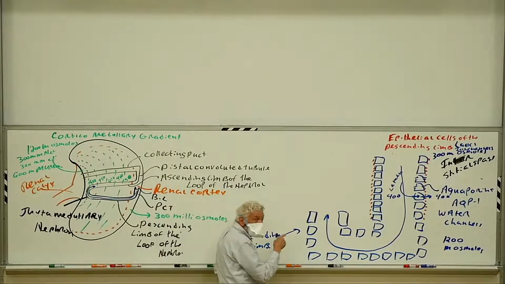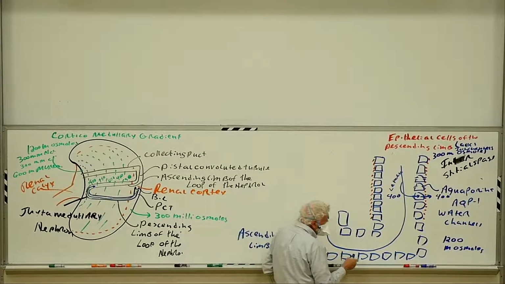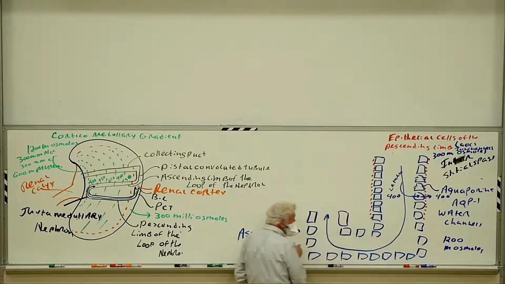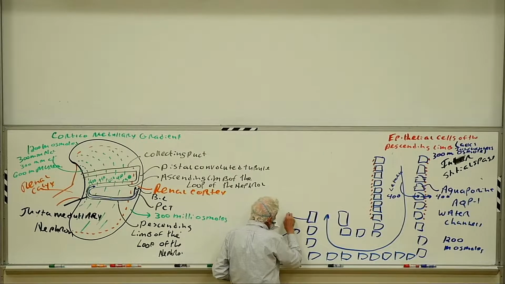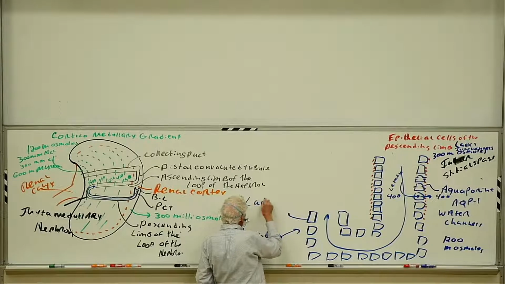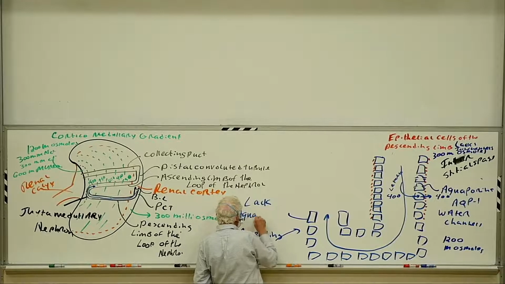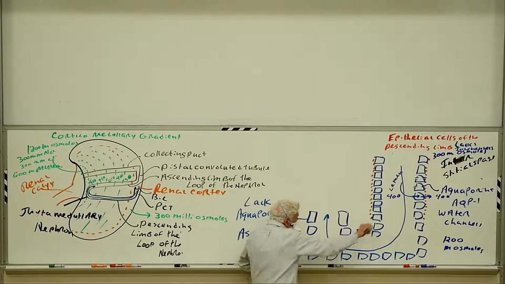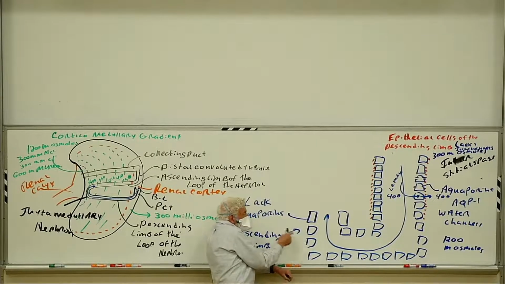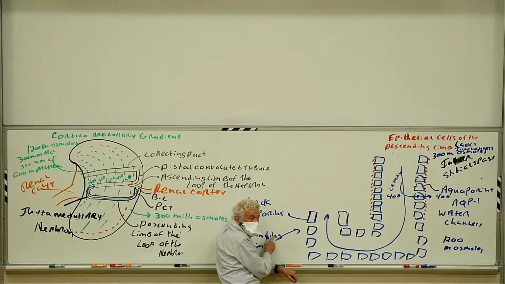After we come around the curve, we change the kinds of proteins we have in these epithelial cells. So that when we come around the hairpin turn, these cells lack aquaporins. So they come around the hairpin turn, and now there are no aquaporins to let the water out.